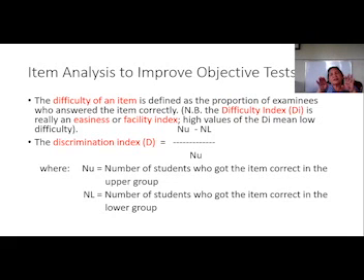So what this means is we are going to split the number of examinees into upper and lower group. If it's only a few, let's say 30 examinees, then all you need to do is split that into 15 upper performers and 15 lower performers. That is what is meant by NU and NL.